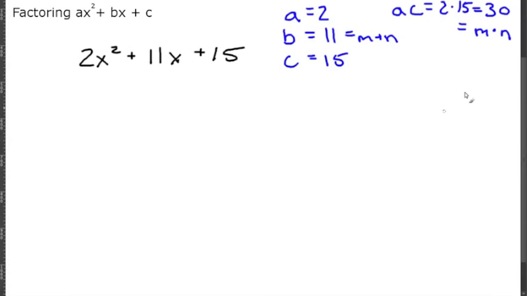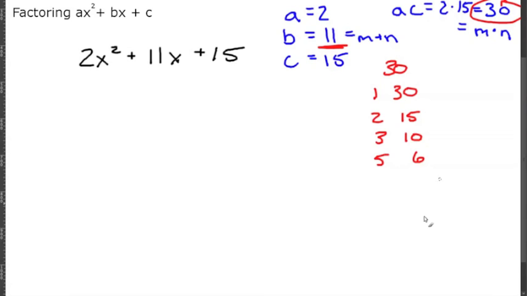So we're going to look at the factors of 30 that add to be 11. So the factors of 30 would be 1 and 30, 2 and 15, 3 and 10, 5 and 6.